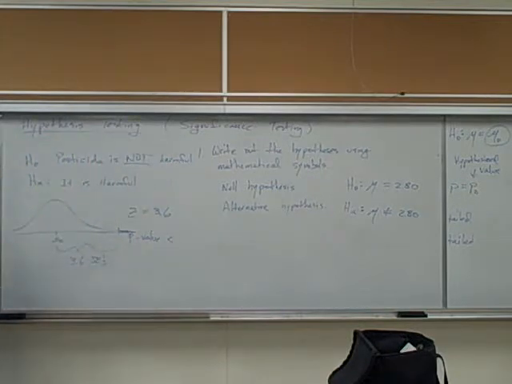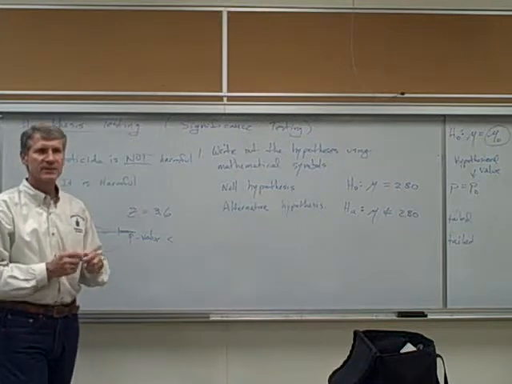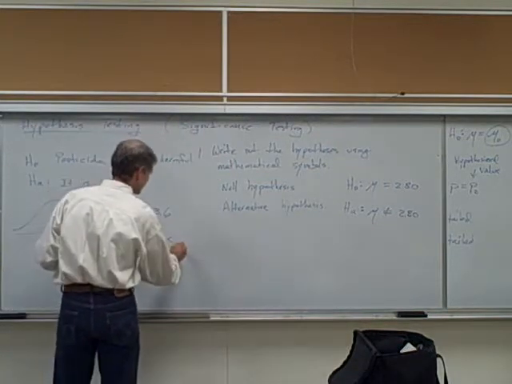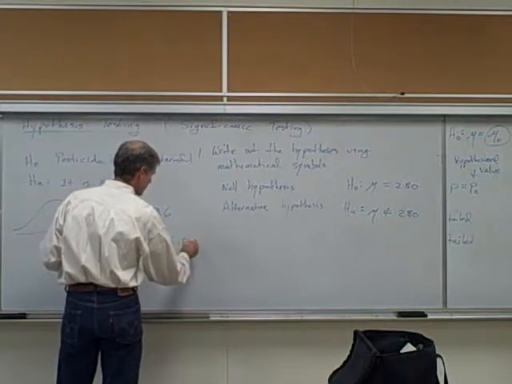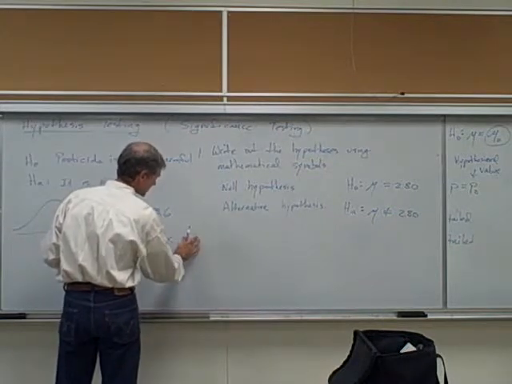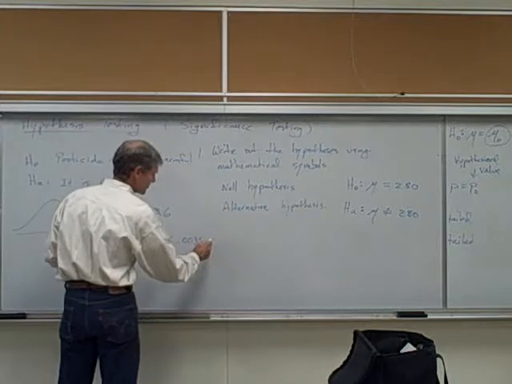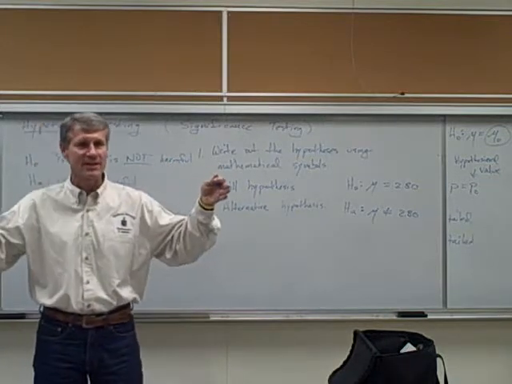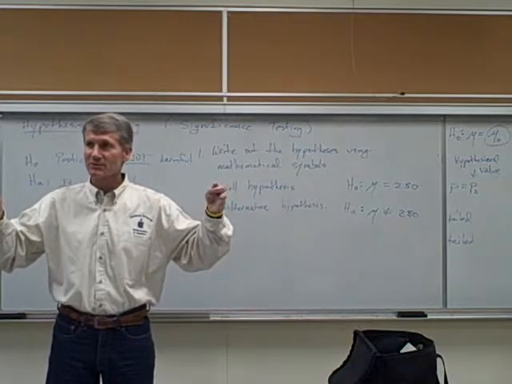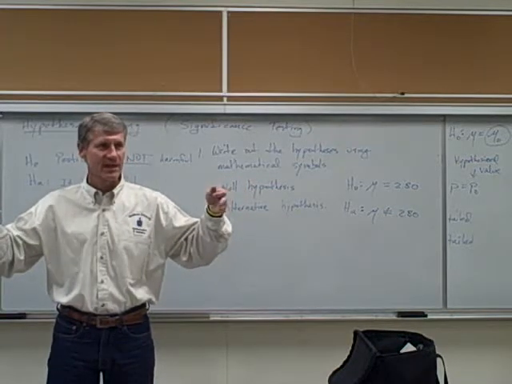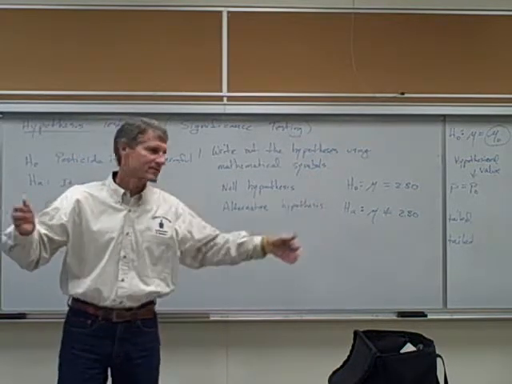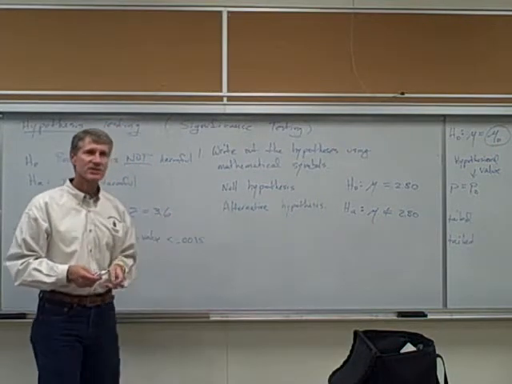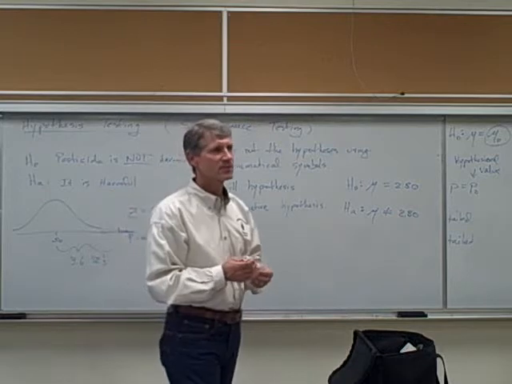That's the definition of p-value. So what would that number be? Less than 0.003, actually less than 0.0015, because it's 99.7% within 3, which leaves 0.3%, and half of that is in the upper tail. So as a decimal, that's 0.0015. Does that support the null, or does that support the alternative?